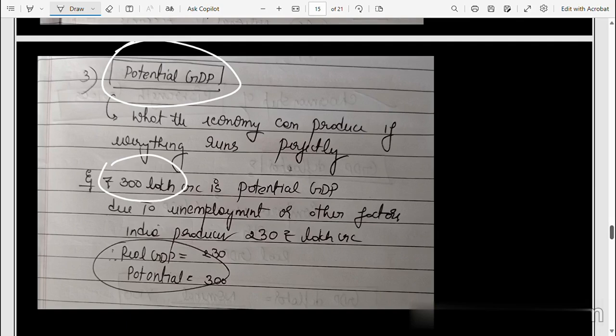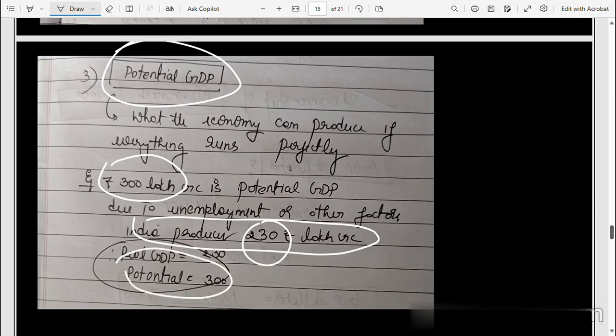But due to unemployment or other factors which decline the economy of a country, India is producing just 230 lakh crores. So we consider real GDP as 230, but our 300 lakh crores was an ideal. We could have reached there, so we call it potential GDP.